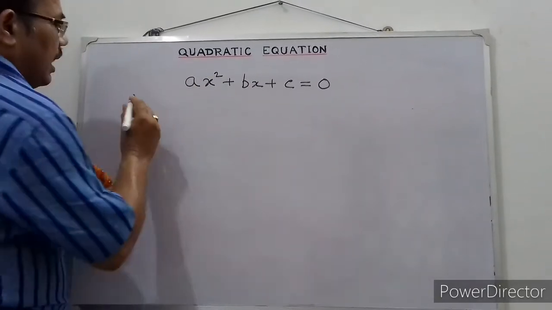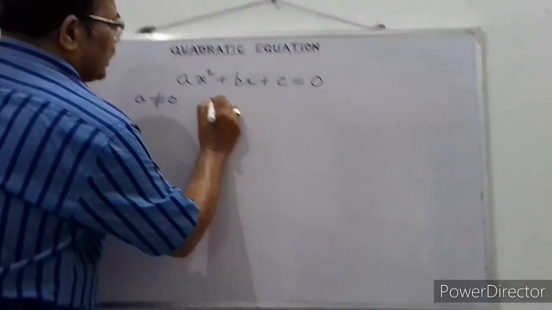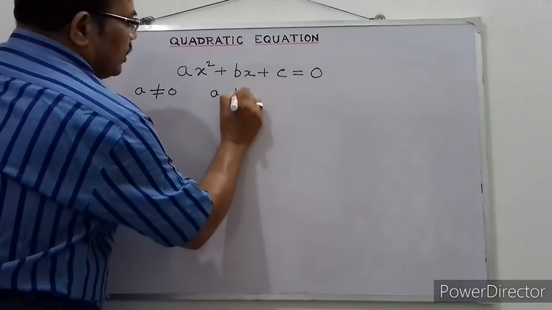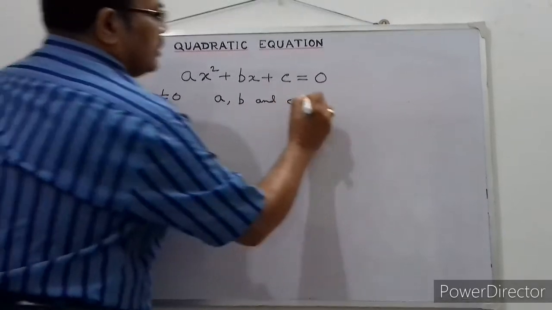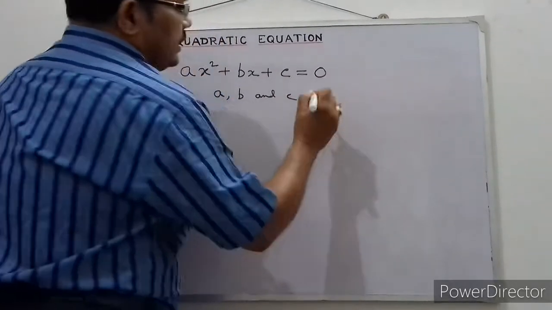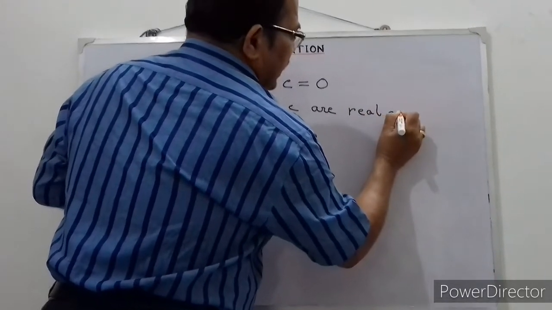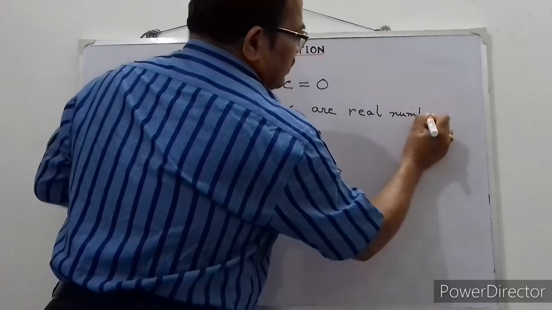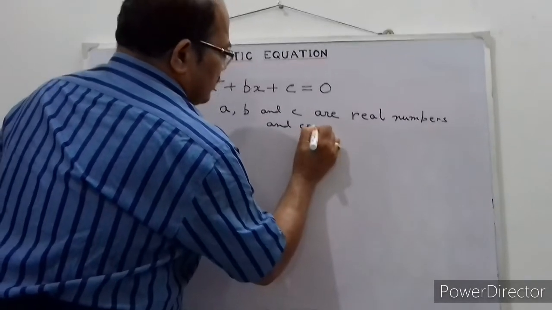But the conditions are a must not be equal to 0 and a, b and c are real numbers and constants, definitely.